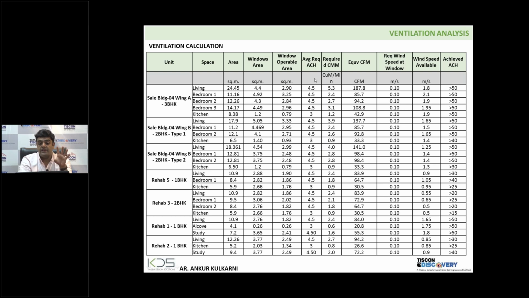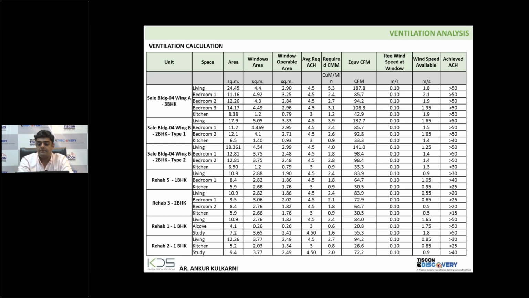Average required air changes per hour is 4.5, because NBC says 3 to 6, so the average is 4.5. Based on this calculation, you convert it into the equivalent cubic feet per minute (CFM) requirement. The minimum wind speed required outside was 0.1 meter per second to achieve the air changes of 4.4.